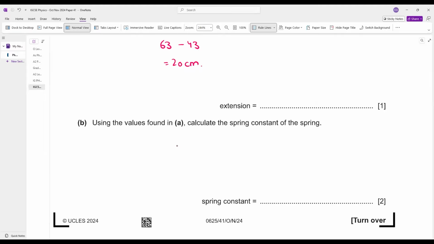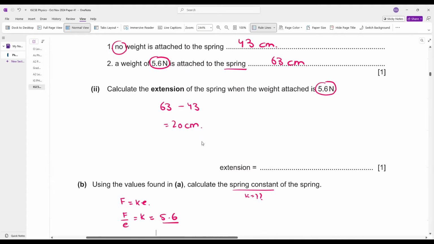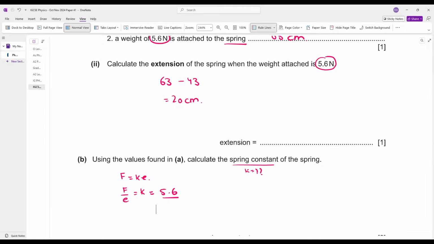Calculate the spring constant, using the value found in A. Now you have to find the spring constant k. How will you do that? Do we remember this formula? F is equal to kx. Yes, F divided by extension is equal to k. What is the value of force? 5.6. What is the value of extension? 20 centimeters. Here it is your own choice whether you want to put length as centimeter or meter.